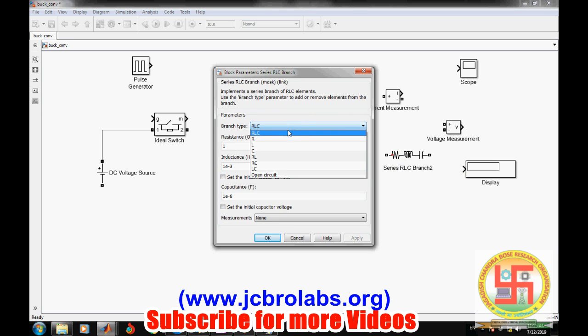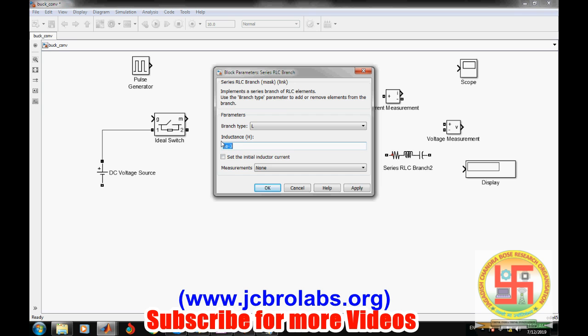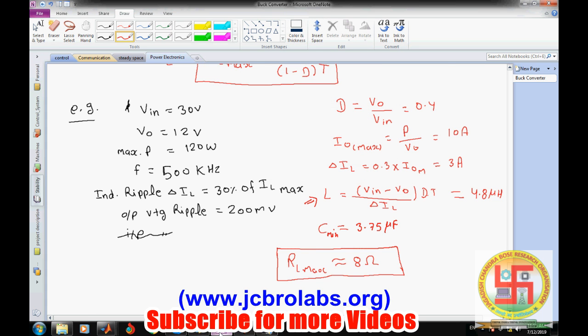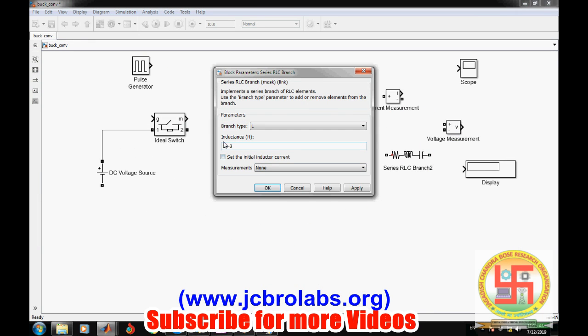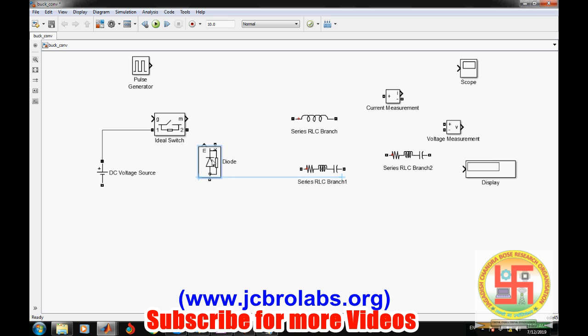Change this one to inductor only, and the value of this is, I think, 4.8 microhenry. So 4.8 microhenry, that means 10 to the power minus 6. Apply, and then let's connect.